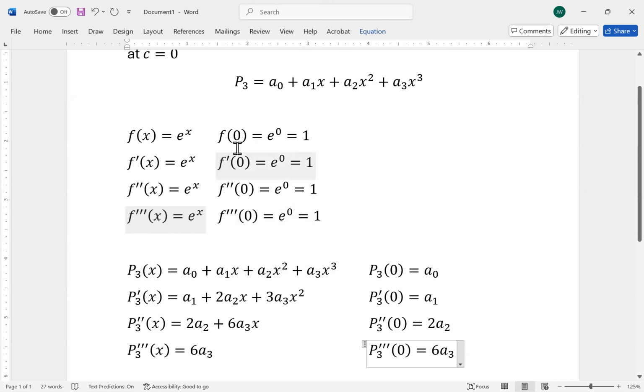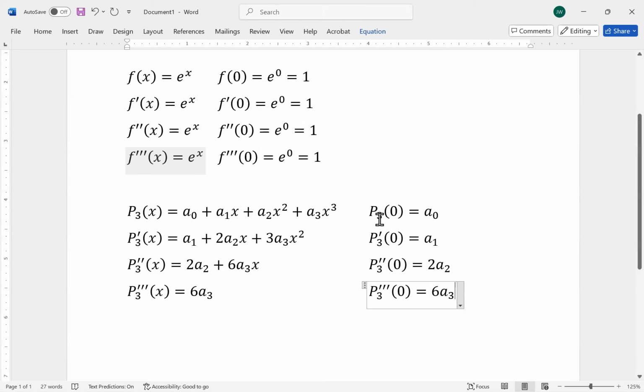Now we want this function value to be equal to this polynomial value at all of the correct derivatives and at the correct places. So since f of 0 is equal to 1, I want 1 equal to p sub 3 of 0, which tells me that a sub 0 is going to have to be 1.